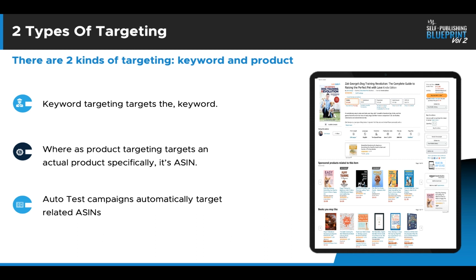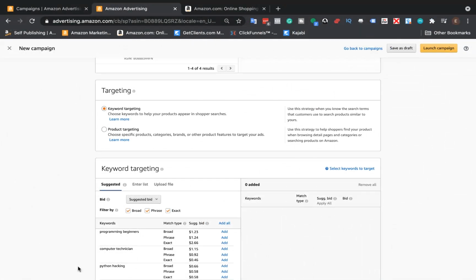When I was doing my video game guides, I was targeting all of the actual video game controllers. So when people went to click and buy a video game controller, they would see an ad for my guidebook to go with it. In this case, we're just going to hit keyword targeting.